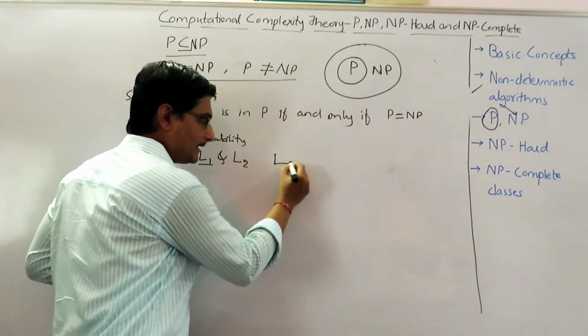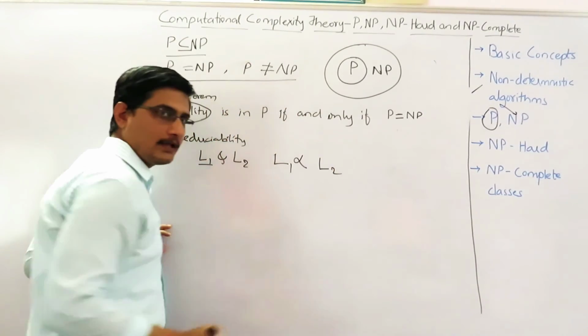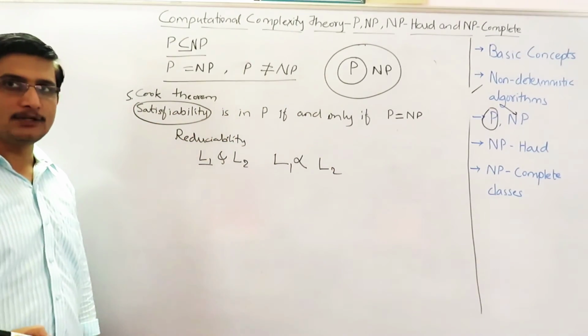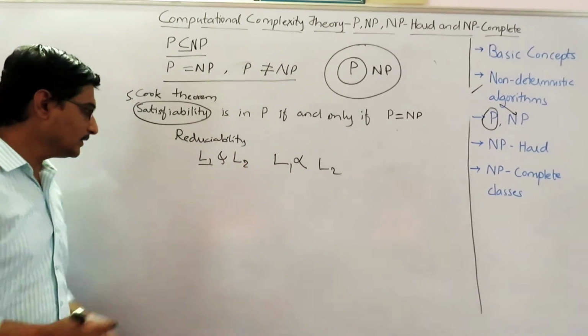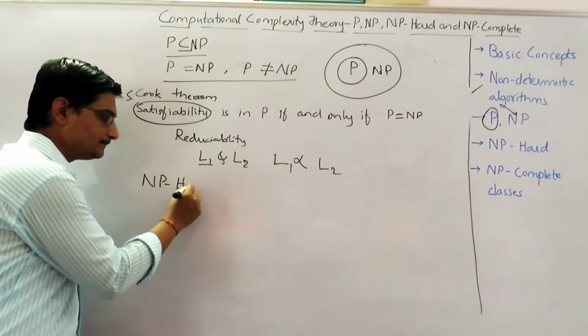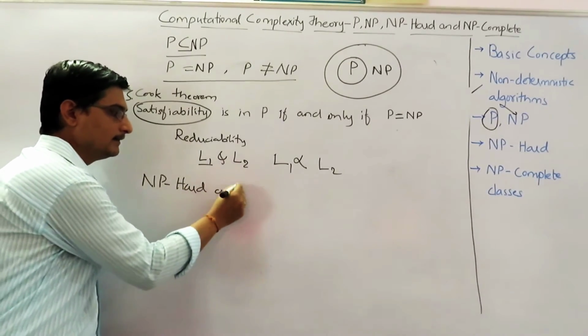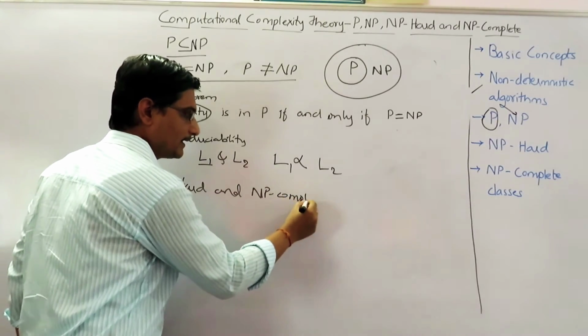That is, we write like this: L1 is reducible to L2. With understanding of this, we can go for discussion of NP hard and NP complete problems, NP complete classes.